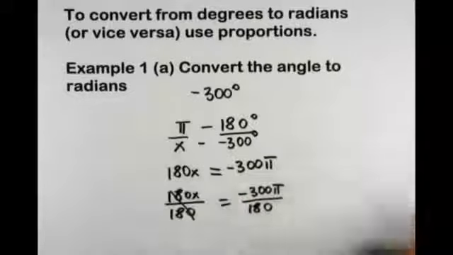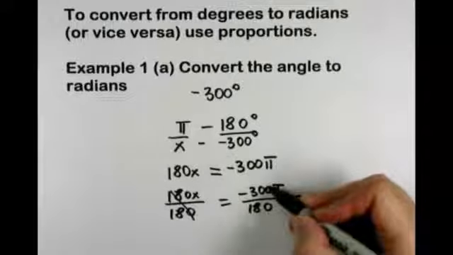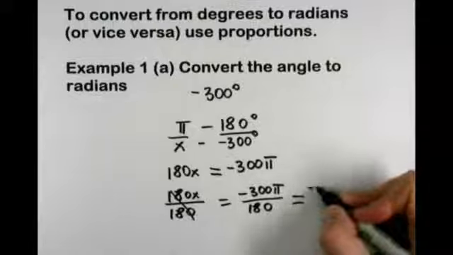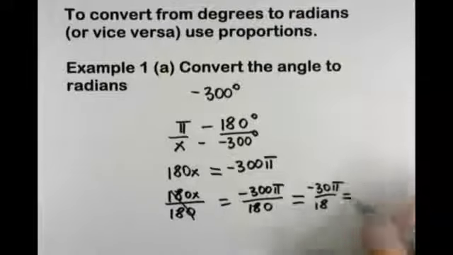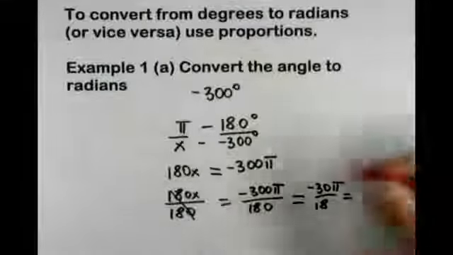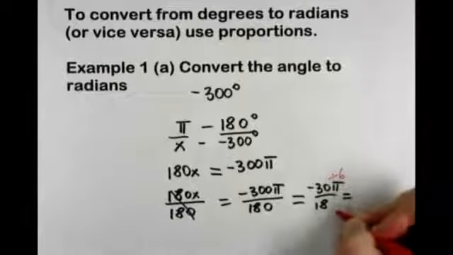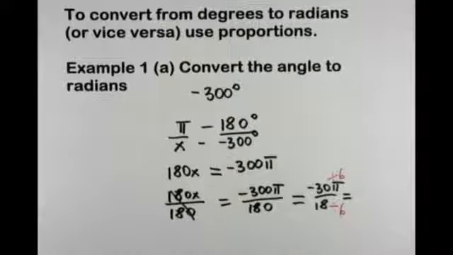So this cancels out, and this can be reduced. Divide by 10, we will have minus 30 pi over 18. And this can be reduced even more. We can divide by 6.